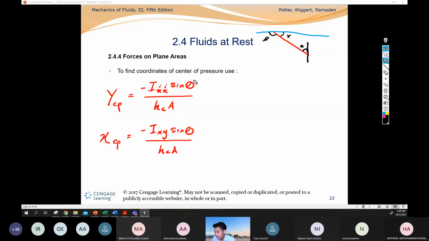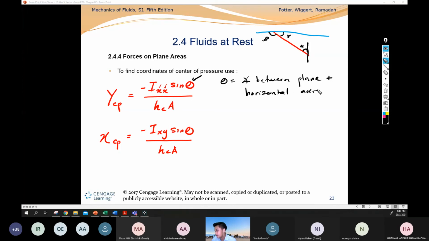The theta here refers to the angle between the plane and the horizontal axis.